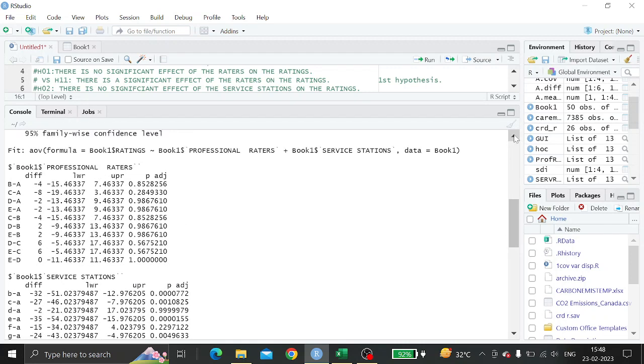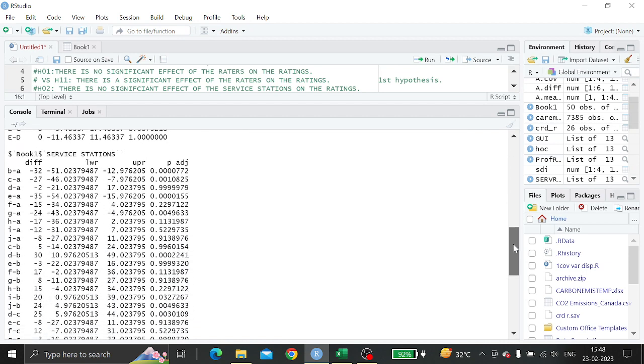Now see, Tukey test corresponding to the factor professional raters. R is pairwise comparing the professional raters, capital A up to capital E, and you can see that for each of the pairs the p-value is way larger than the alpha value 0.05. So we fail to reject our null in case of the professional raters.